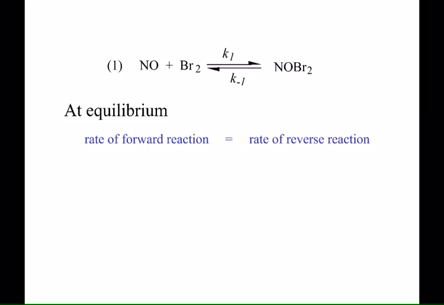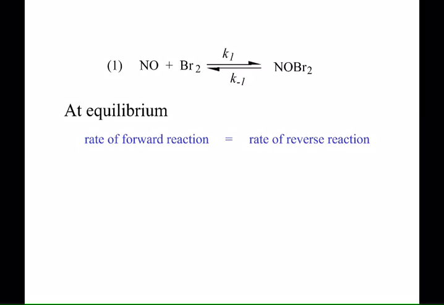Does that work for you? I'm going to put rate -1 is equal to, now I'm going back that way, this is my reactant, k-1 times the molar concentration of NOBr2, also raised to the first power. What do you think?